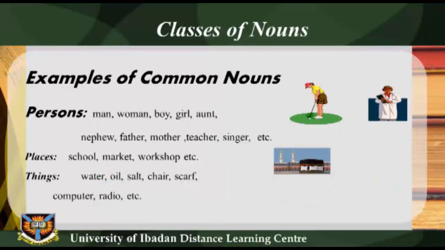These include man, woman, boy, girl, aunt, uncle, nephew, niece, father, mother, teacher, trader, and singer for persons; room, road, school, market, farm, and workshop for places; and table, water, oil, salt, chair, goat, cattle, scarf, computer, and radio for things.